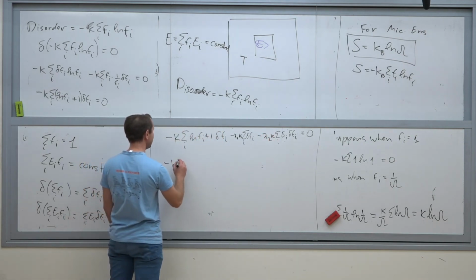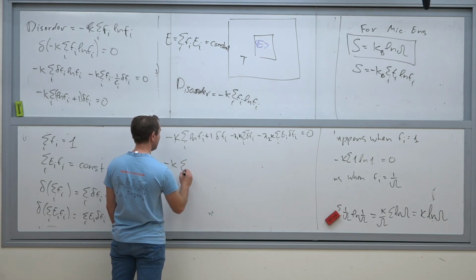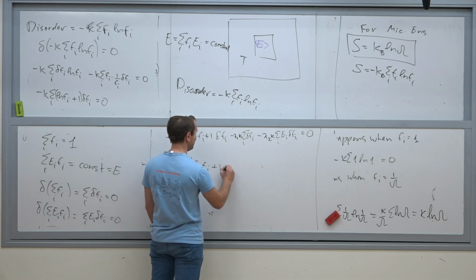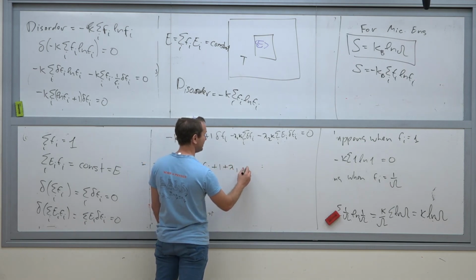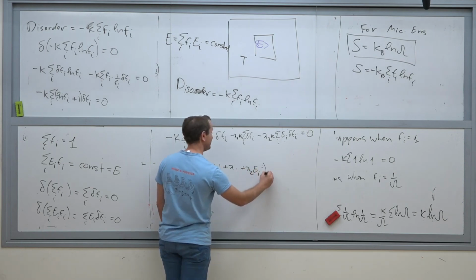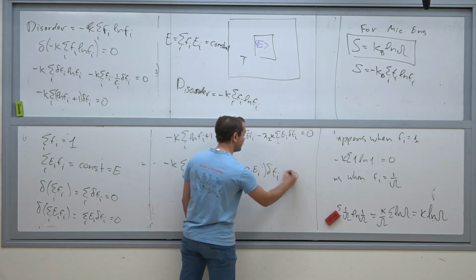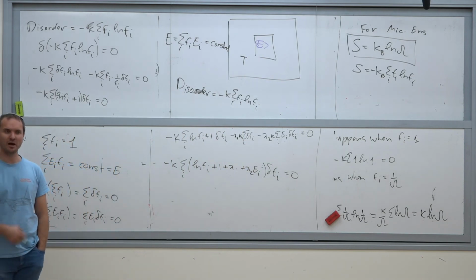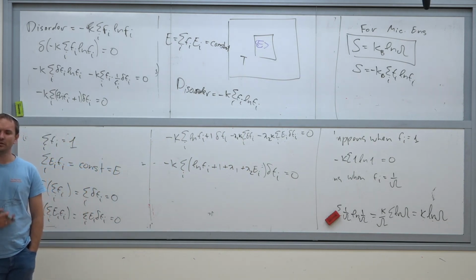And I have minus k, sum of I, log of fi plus 1 plus lambda 1 plus lambda 2 ei, delta fi equals 0. The variations of all the different fi's are uncorrelated right now. No constraints.